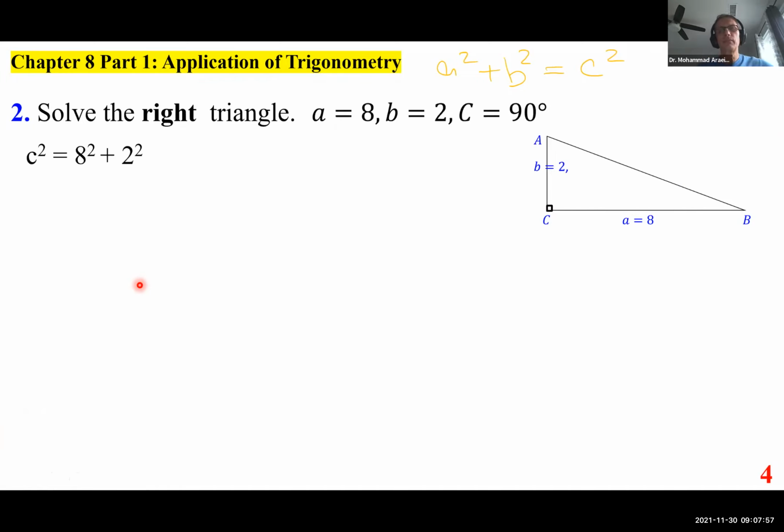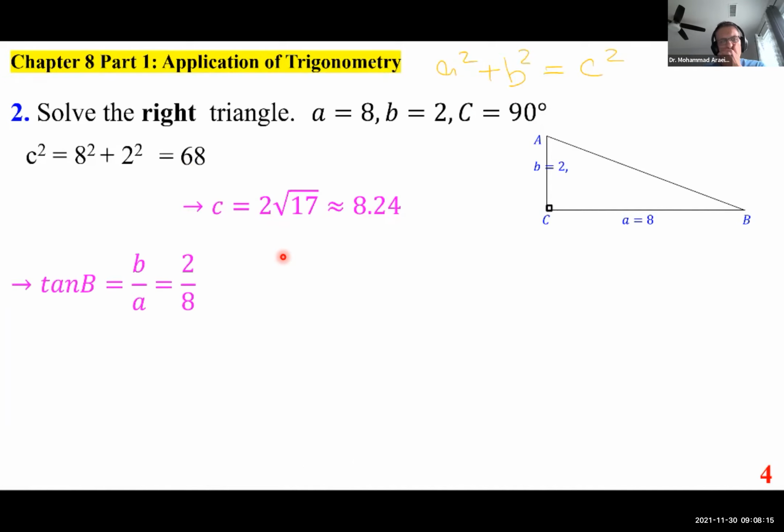Therefore, we can find c as follows. So c squared is a squared and b squared added up, this side squared and this side squared, giving us 68. This is the precise answer, and that gives us the value of c.